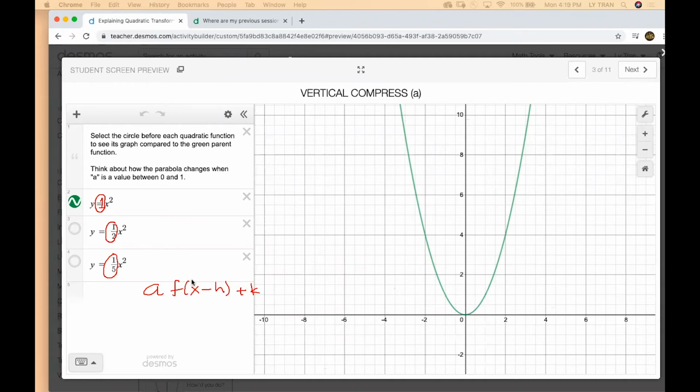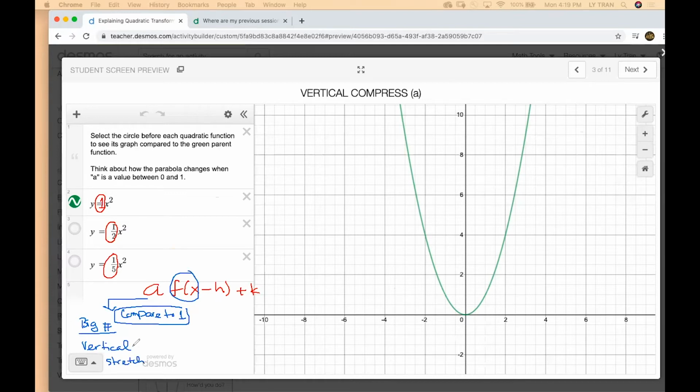So f of x is just a function, but the only thing we focus on is a. Right now, we already see that if we have a big number compared to 1, we always compare to 1, then the graph is going to get narrower, and the words are vertical stretch.